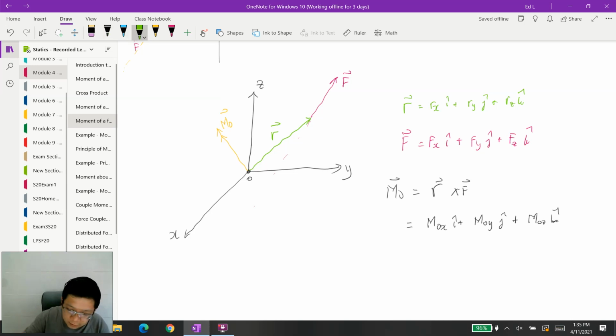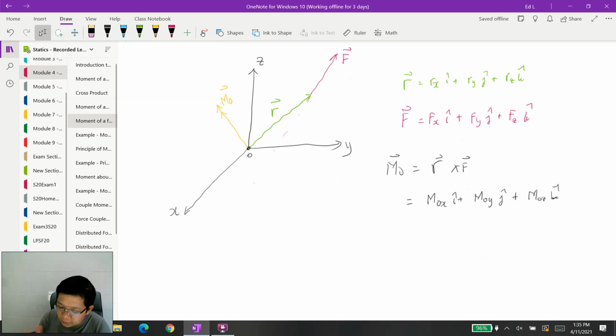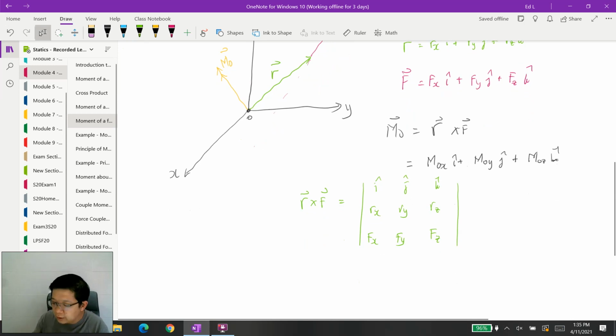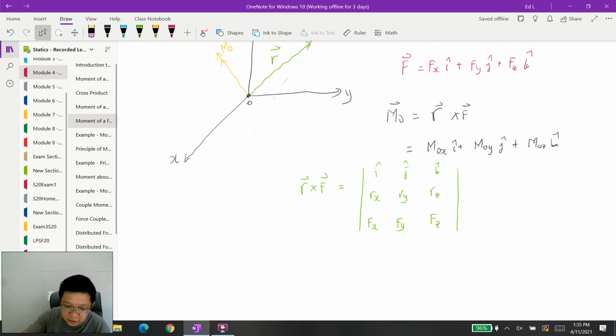Okay, on the other hand, we also know that R cross F, given those components, can be calculated as the determinant of i j k, Rx, Ry, Rz, Fx, Fy, Fz. I'm not going to go through calculating this determinant again because we have done that in the previous lecture. Instead, I'm just going to write it down.